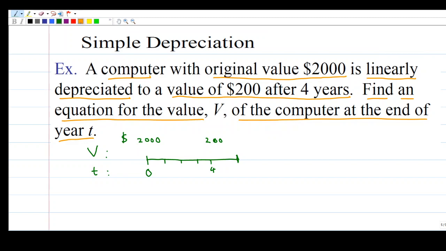So if we look at ordered pairs, where the input value is T and the output is V, the ordered pairs that we have are (0, 2000) and (4, 200).